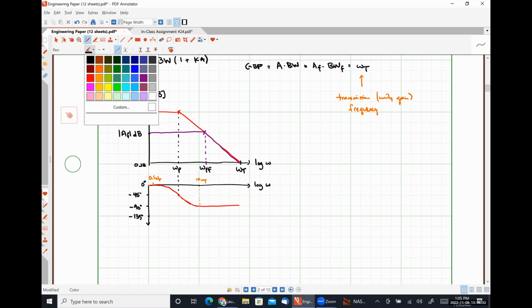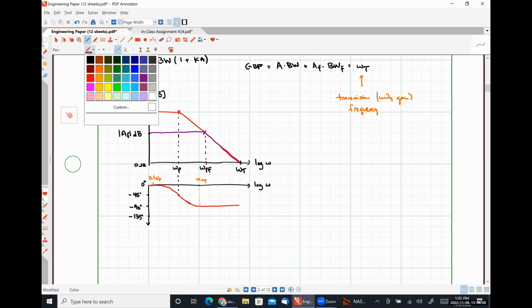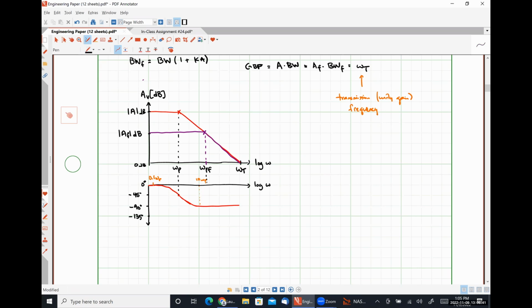So instead, now, I'm just going to put dashed lines down here. So this point here is where we're going to hit 45. So if that's where we start to transition, it's going to look something like that, right?